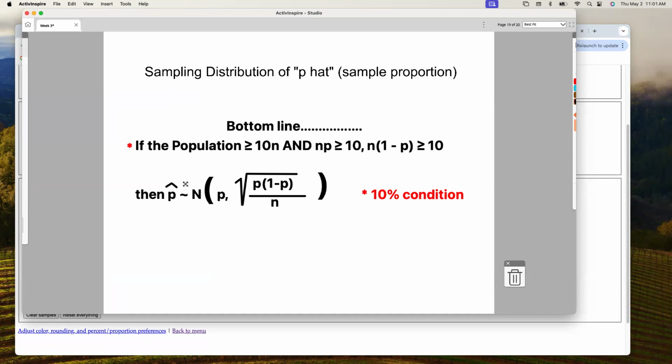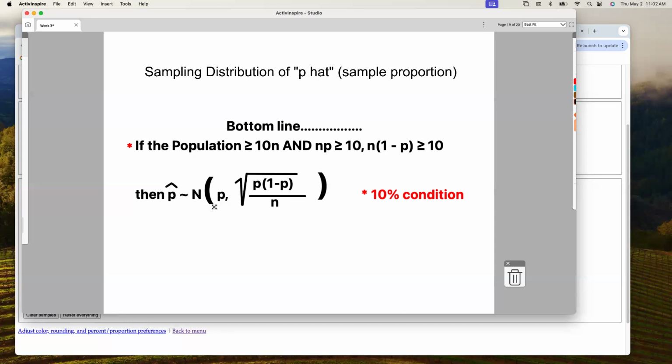If these conditions hold, sometimes it's called the 10% condition: if the sample size n times the population proportion p is greater than or equal to 10, and n times 1 minus p is also greater than or equal to 10, and the population is greater than 10 times the sample size, then these sample proportions are going to follow a normal distribution.